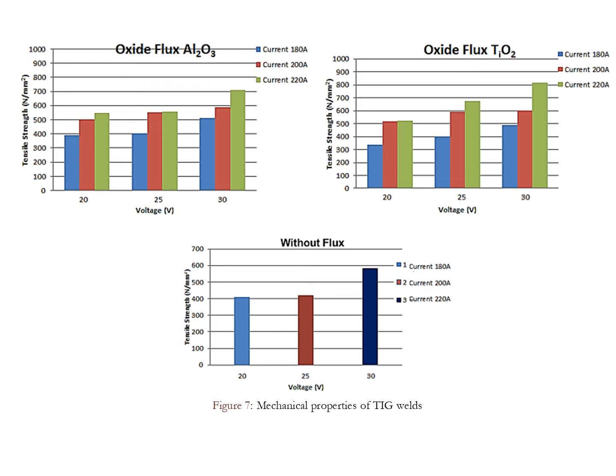It is observed that the weldment produced by TIG welding with TiO2 and Al2O3 has better mechanical properties, such as ultimate tensile strength, than the TIG weldment produced without activating flux. At all arc voltages, raising the welding current from 180 to 220 ampere enhances the tensile strength of the materials.